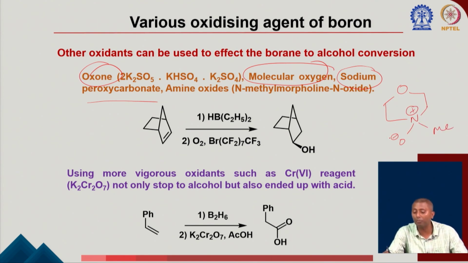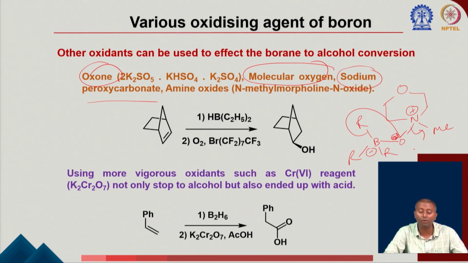If you have this morpholine N-oxide, it can react with the boron. With the R group here, it can generate this minus, which can migrate here, and this group can act as a leaving group. That's how the N-oxide, such as trimethylamine N-oxide, can also be used as an oxidizing agent for the boron.